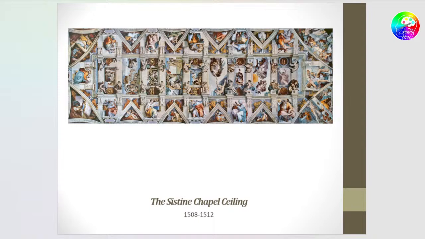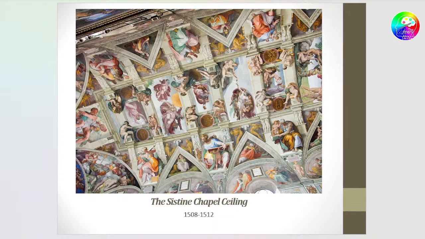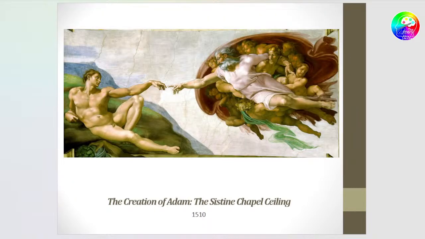Quick look at the Sistine Chapel ceiling. That's it if you're lying on the floor looking up. And the Sistine Chapel ceiling was four years in the making. He did have aides to help him with this. He didn't do the Sistine Chapel ceiling alone. One of the famous images, the Creation of Adam.